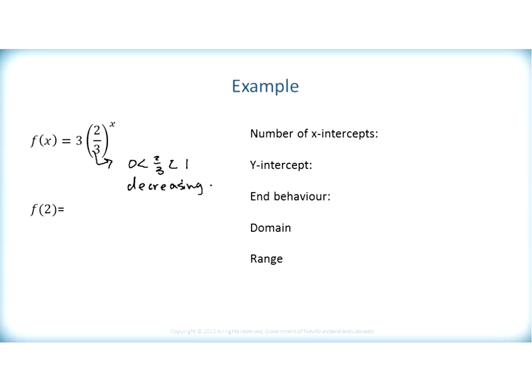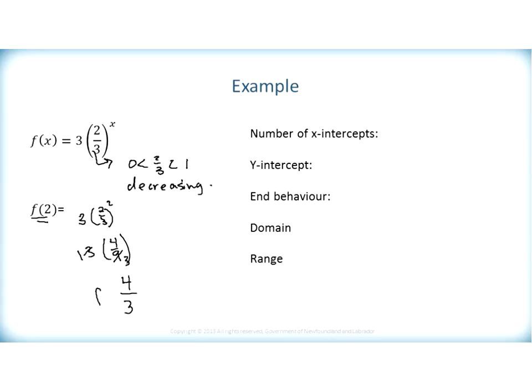If we were asked to find f of 2, we replace x with 2, and f of 2 would be equal to 3 times 2/3 to the power of 2, which would give us 3 times 4/9. And this would give us 4/3.